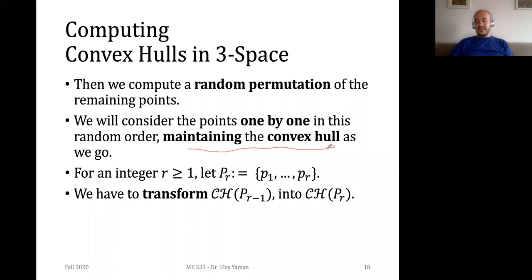So at any point, what we are doing is transforming the previous convex hull into the new convex hull. So we can assume that we have such a transformation between the convex hull of the point set P_{r-1}, which means that we have the points from 1 up to r-1.